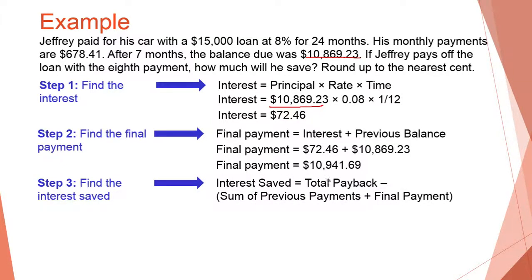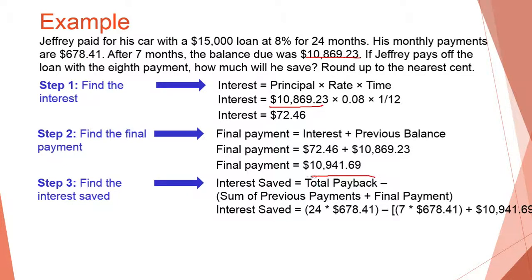So interest saved is total payback minus parentheses, sum of previous payments plus final payment. The total payback is how much he should have been paying back. So if the loan has you paying $678.41 for 24 months, you want to multiply 24 times that. That's how much you are technically supposed to pay back.